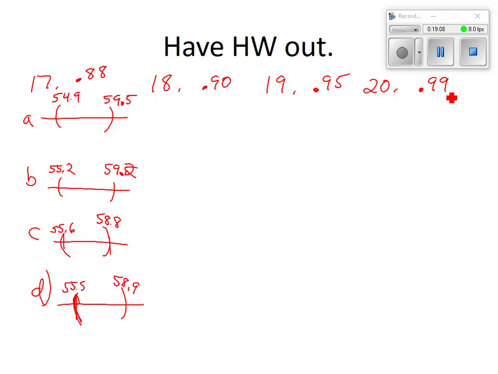So we look at this 0.88, we're trying to match them up here. The 0.88 is our smallest confidence percentage. Which one do you think that's going to match up to? C, because it's the smallest interval. So 17 right here is going to be C, because that's the smallest interval. That's where we have the least amount of confidence. Make any sense?